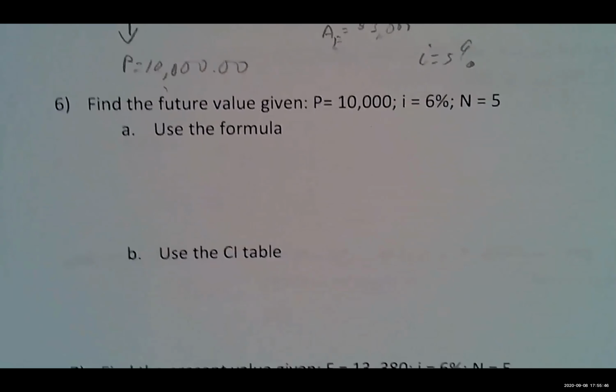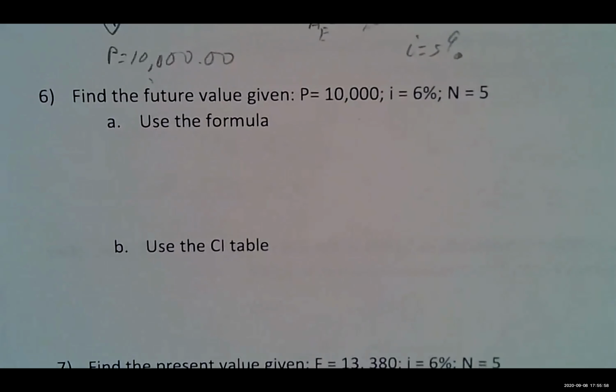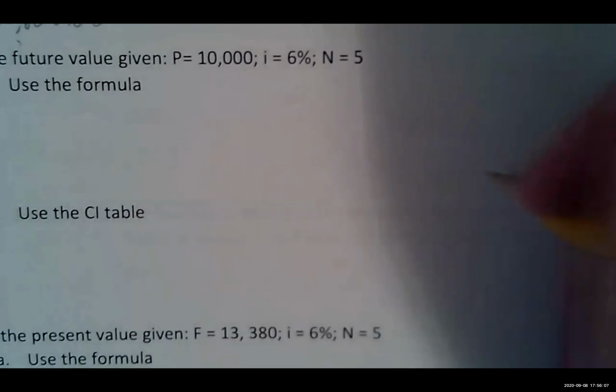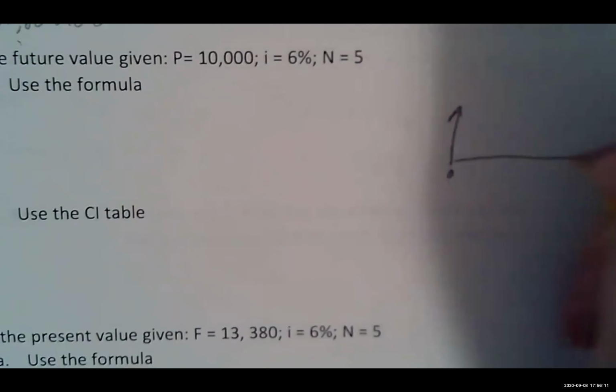That looks better. Okay, find the future value given a present value of $10,000, interest rate of 6%, and an N of 5 years. Use the formula, use the compound interest table. And so we're going to say that the present value, because it wasn't stated explicitly, I'm just going to draw the present value up at time 0.